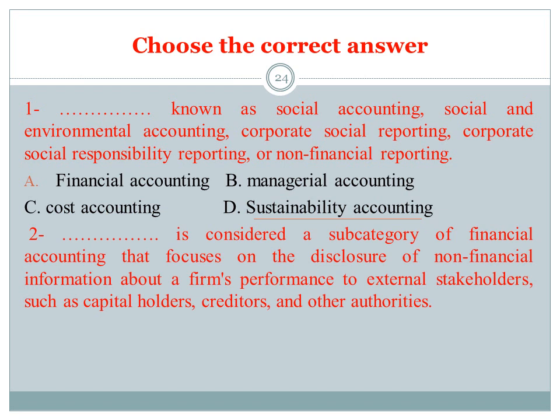Number 2 is considered a subcategory of financial accounting that focuses on the disclosure of non-financial information about firms' performance to external stakeholders such as capital holders, creditors and other authorities.